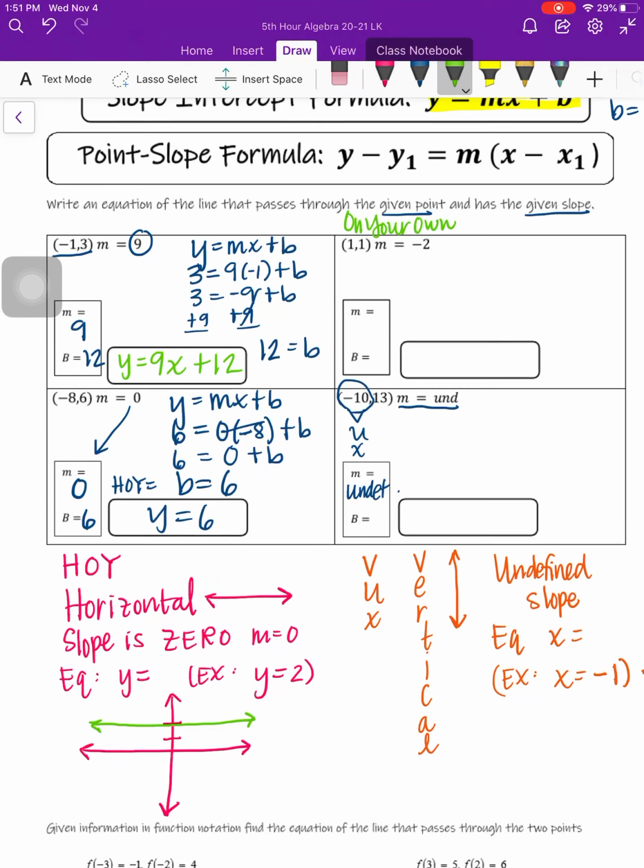When the slope is undefined, its equation is an x = equation. And this one is x = -10.